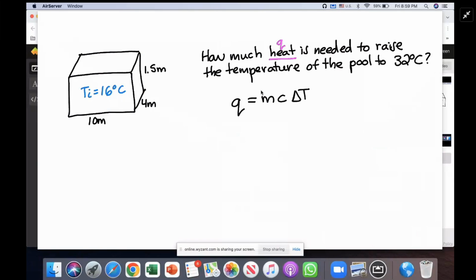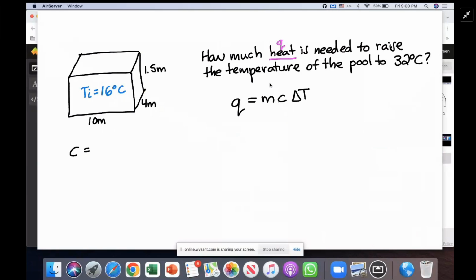To solve this problem, we need the mass of water. We're told that we fill the pool up all the way to the top. So right now, we don't have mass, but we have volume. We'll come back to that in just a minute. C is the specific heat of the substance, which is water. This is something that you can look up.